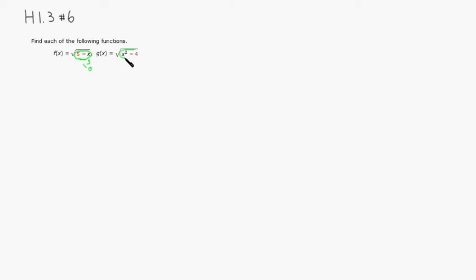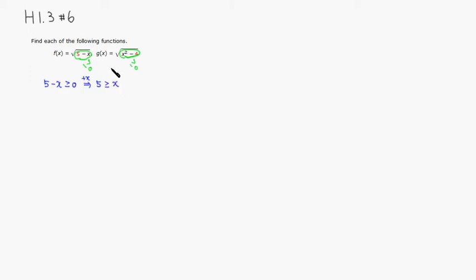So 5 minus x has to be greater than or equal to 0. We can simply add x to both sides, so we have 5 is greater than or equal to x.